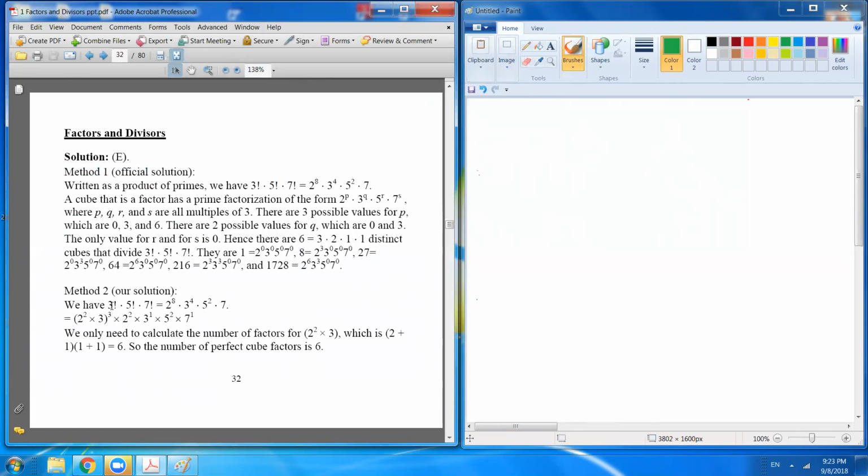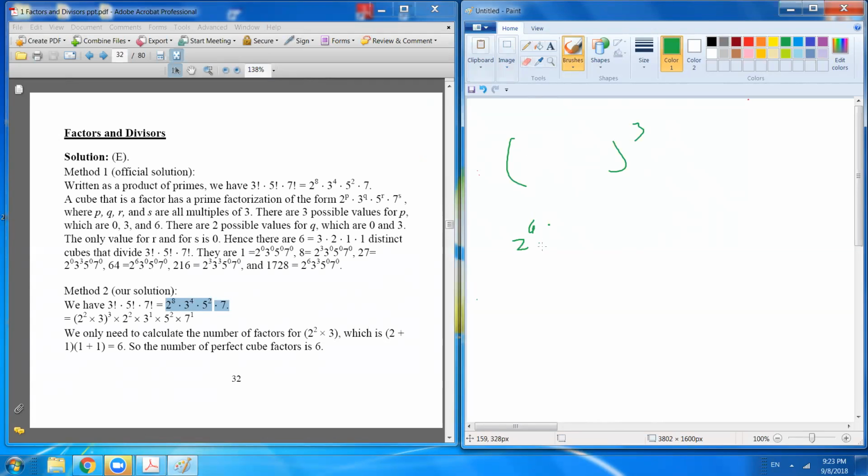We get a formula, okay? This one, right? We prime factorize that, and we get this. Okay? After we get that, we do cubic number. We write cube, right? 2, no problem. We write 2 power 6, right? 3 power 3, right? 5, we have no way to do that, right?